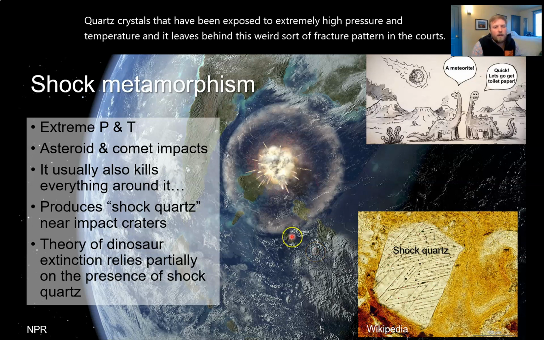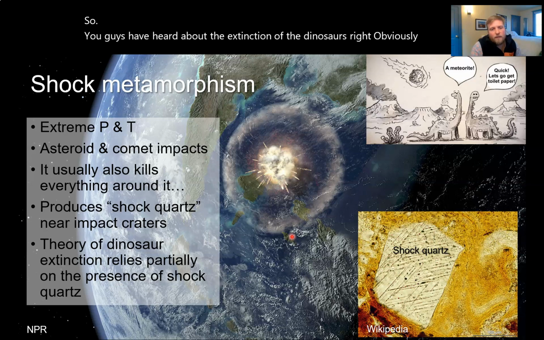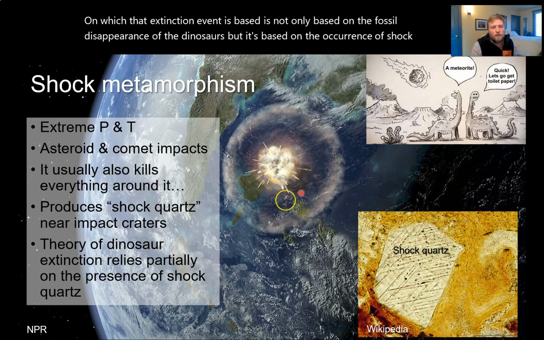So you guys have heard about the extinction of the dinosaurs, right? Obviously, and the theory on which that extinction event is based is not only based on the fossil disappearance of the dinosaurs, but it's based on the occurrence of shocked quartz in the Yucatan Peninsula, Mexico, kind of where Cozumel is today.